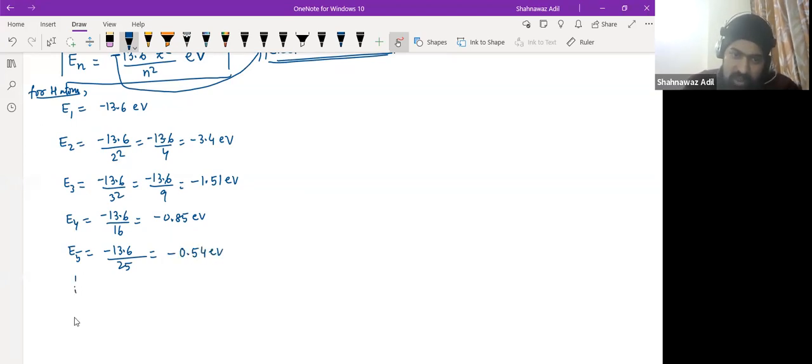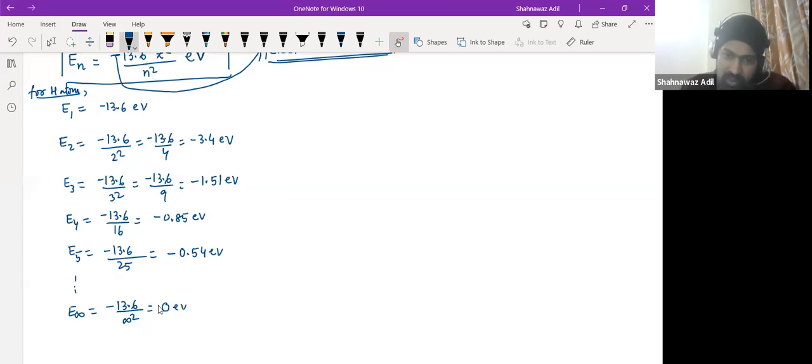And now let us calculate the infinite orbit. What do I mean by infinite orbit? The last orbit, where the energy becomes how much? Infinity square, so something divided by infinity, something divided by a very large number, that would be zero.